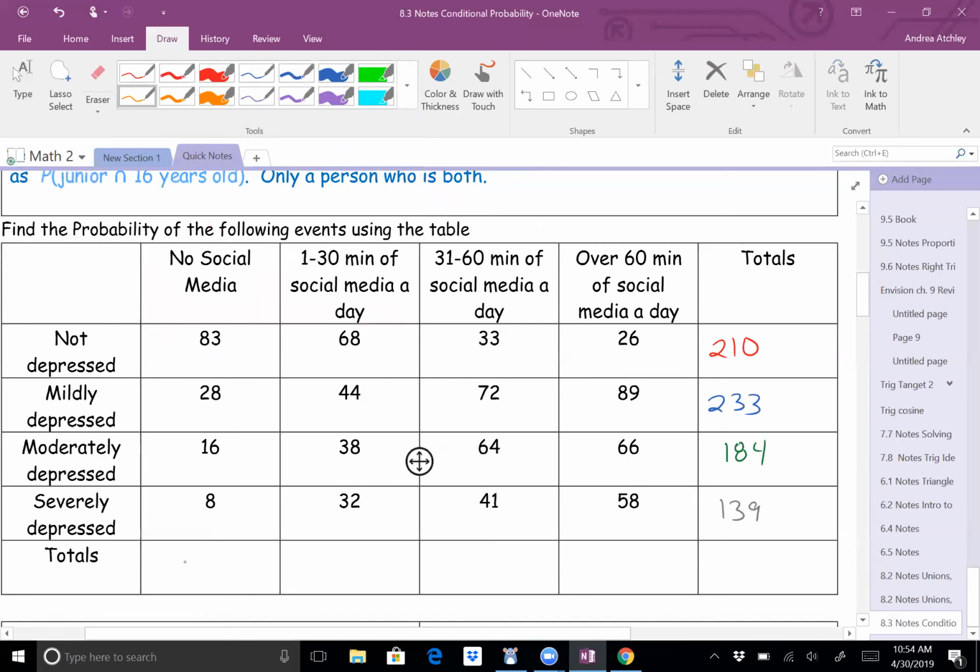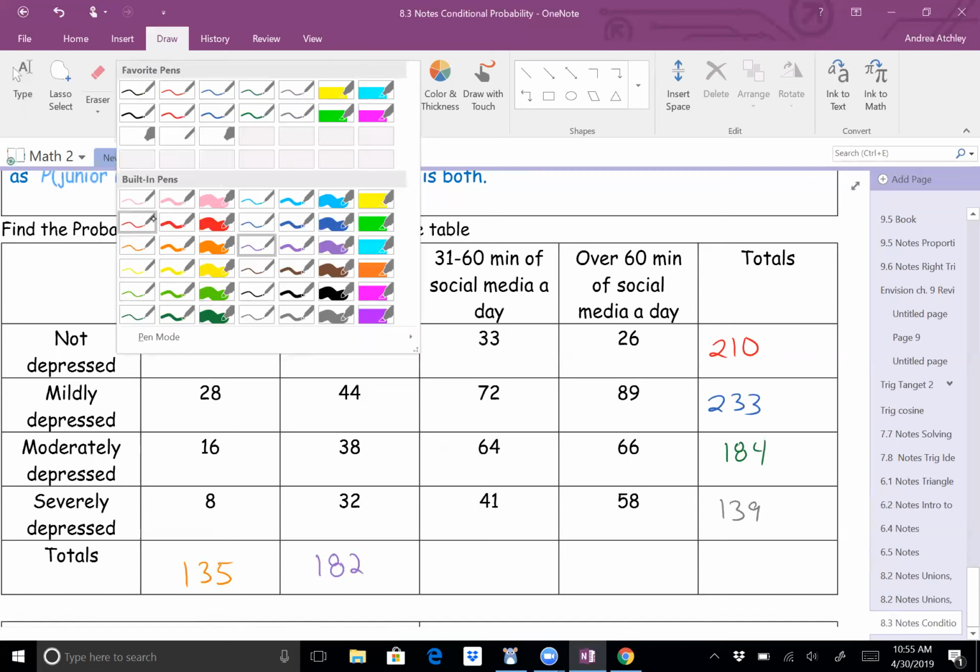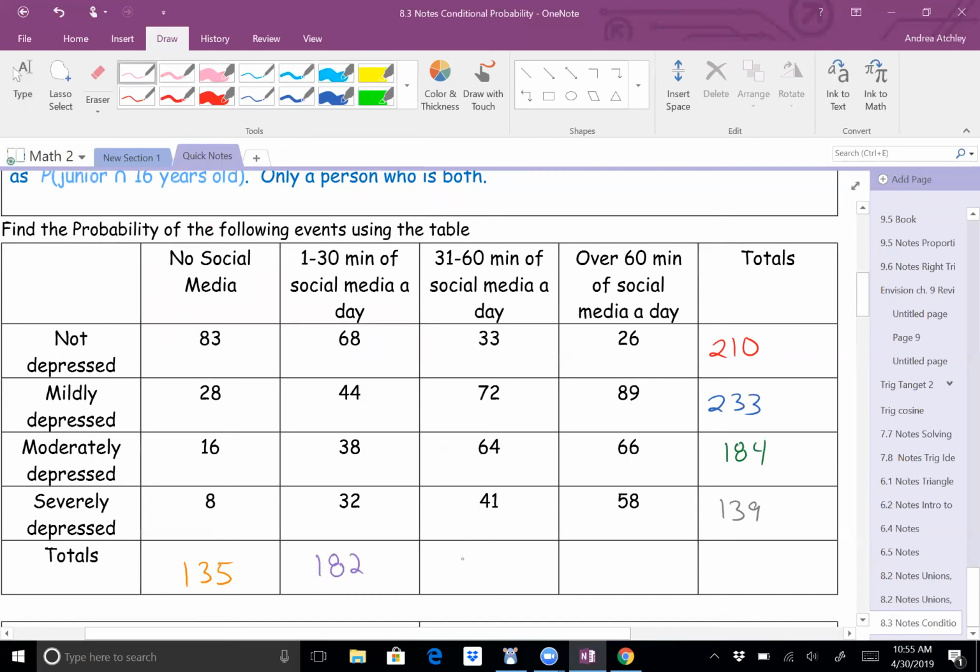So then this was 135, 182, 210, 239. Did anyone add the totals? Good. So the total of totals is 766. This number is everyone I surveyed. I surveyed 766 people.